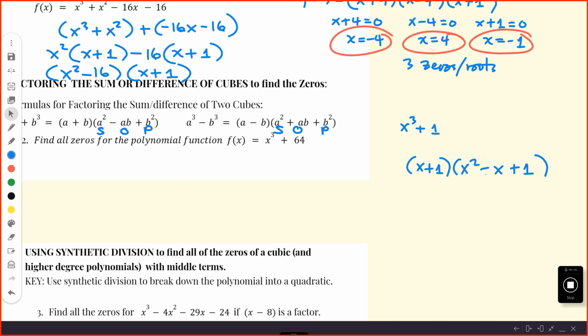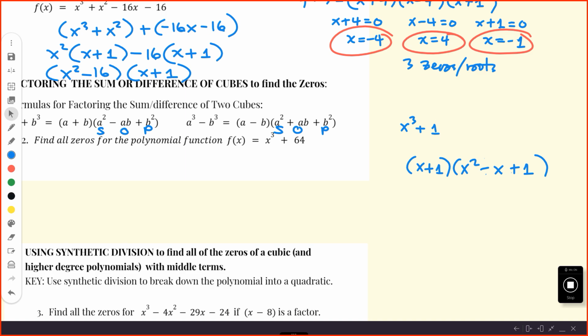Okay, why is it x squared minus x plus 1? So I'm just showing that basically we will have a middle term. It's just the product of the first and second. So x times 1 is x. And then opposite sign, so that's why it's negative x. Okay? And can we factor this x squared minus x plus 1? No, so we have to use the quadratic formula here.